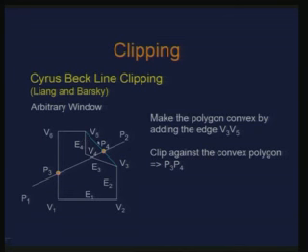Then, for the line which was given to me as P1 P2, that is the line in question which was to be clipped, I first clip it against this new polygon, including this blue line. So, I basically get the points P3 and P4.